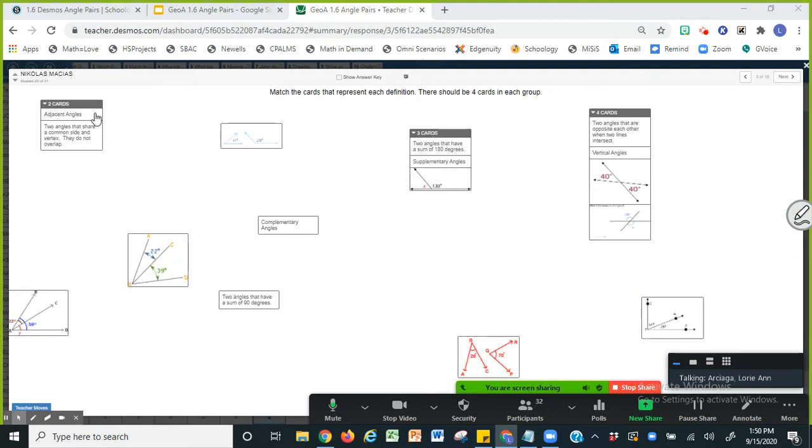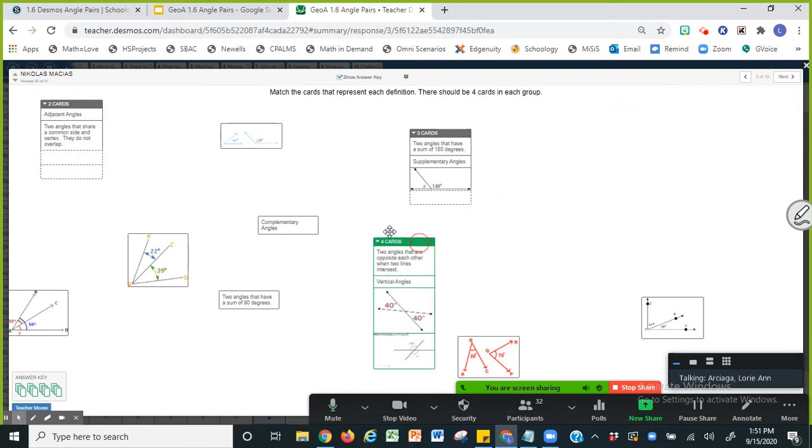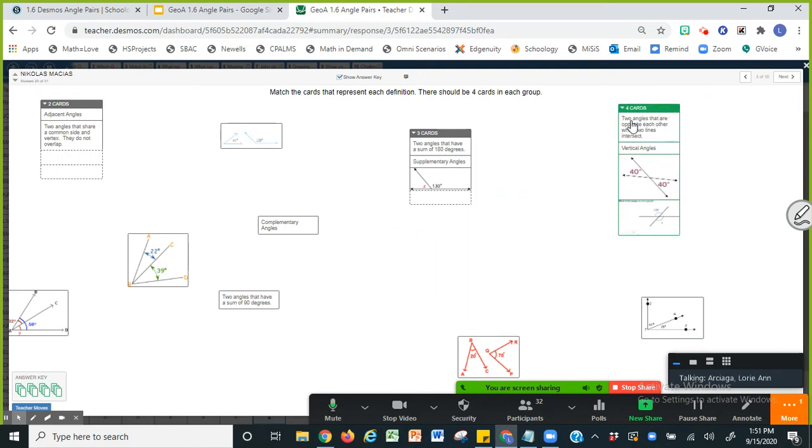Okay, I think you match the definitions. Two angles that share a common side. Supplementary is 180. Okay, so you are matching the names and the definitions correctly, and you got this stack correct already. This is complete. So your vertical angles is already complete. Now, you're missing two more cards in the adjacent angles.